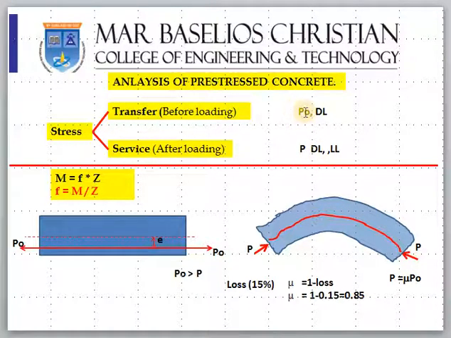Okay, see the difference. This P0 will now become P because of the slip, because of the loss. In the service stage it will be P, the final prestressing force, and you have your dead load, the weight of the structure, weight of the beam or weight of the slab, whatever it is, and your live load, which is the imposed load. So just please understand this.